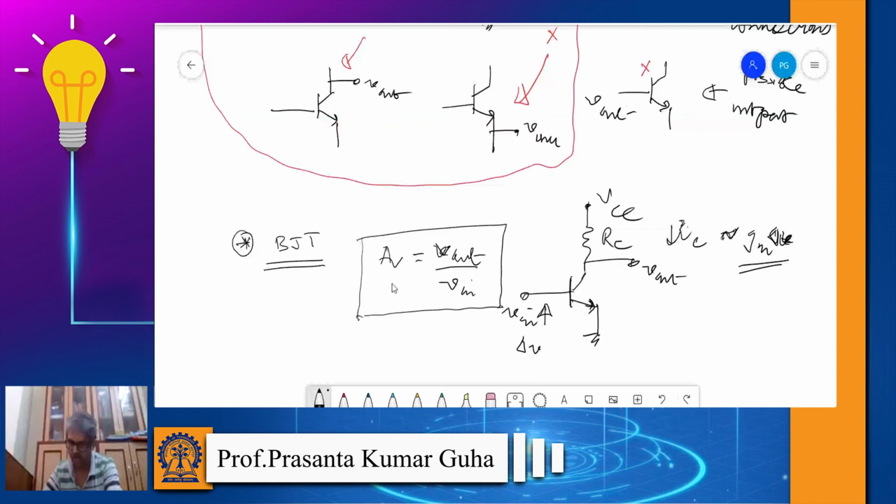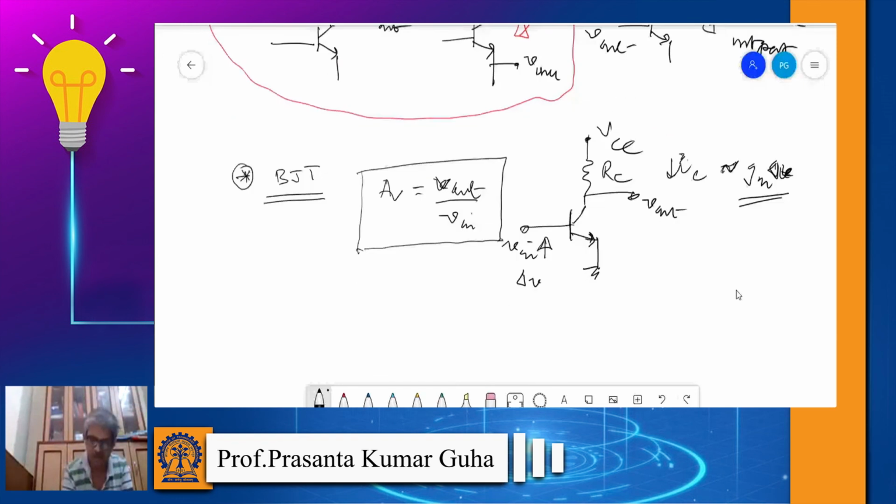From there we will have some interesting conclusions, like how, although we don't consider capital VCC when we do this AC analysis, it has an important role to play, because VCC and RC will ensure the reverse bias of the VCB.